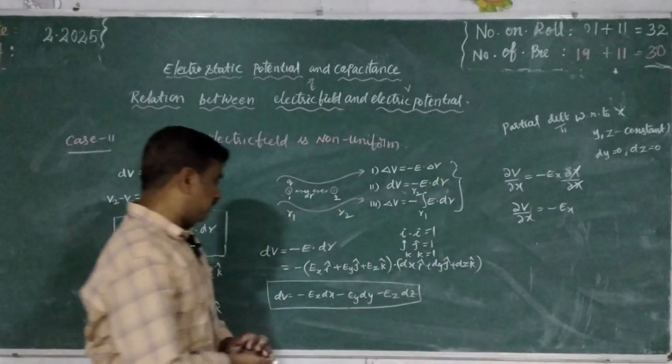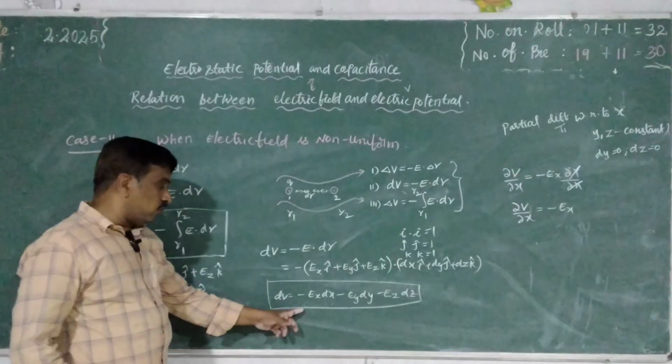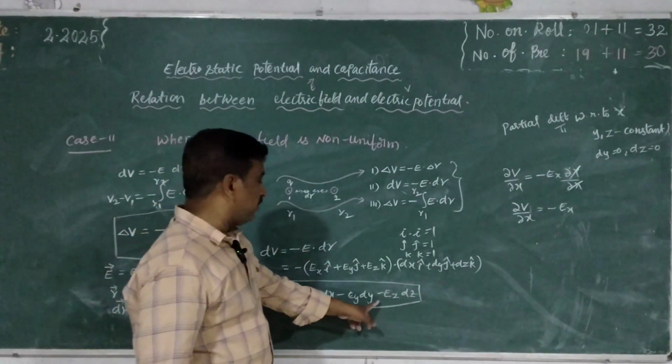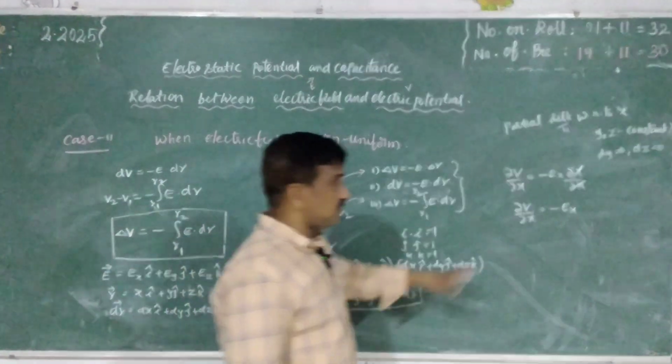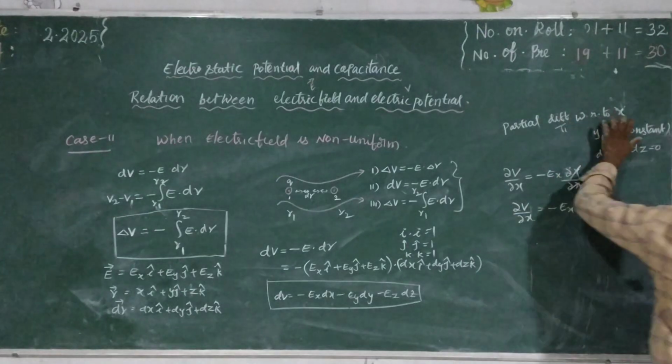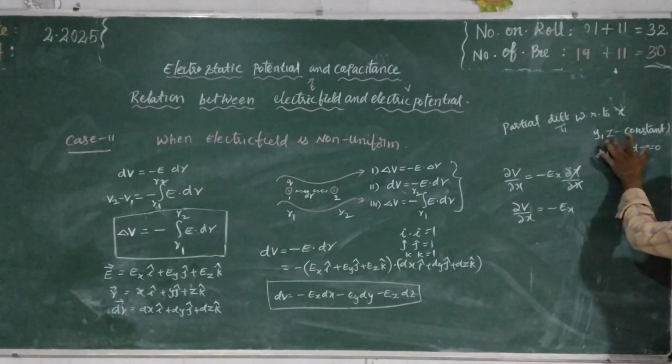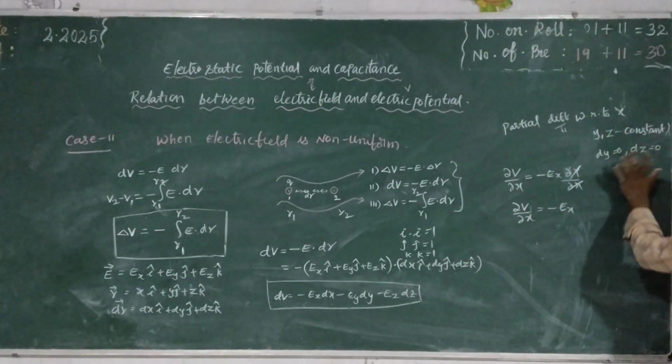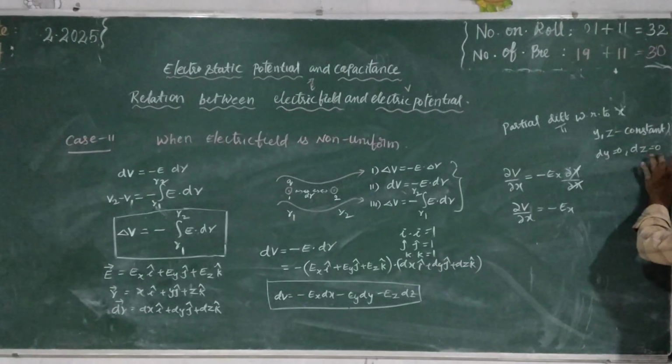See, again I write, this is the actual equation: dV equal to minus Ex dx minus Ey dy minus Ez dz. We can differentiate partially with respect to x. With respect to x means y and z are constant. Y and z are constant means their differentiation dy equal to 0, dz equal to 0.